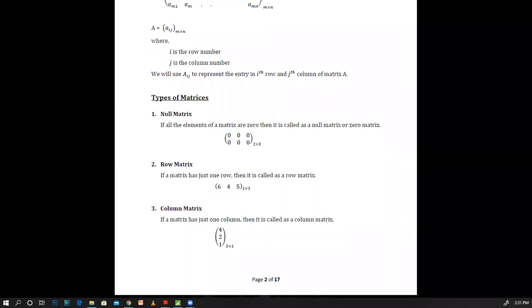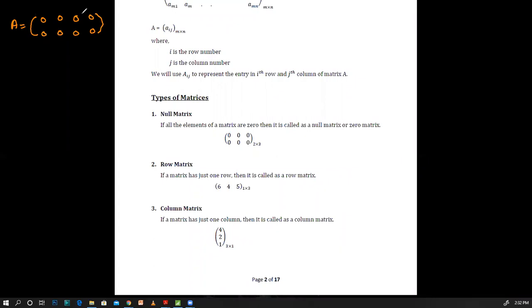Now think about having the matrix A in the form of all zeros. We can see that all the elements inside this matrix are zeros. It is a 2 by 4 matrix. Therefore, we can say that A is a null matrix.